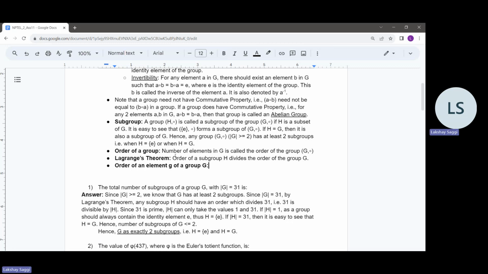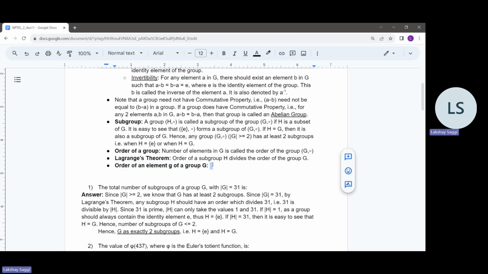So note that the order of a group is the number of elements in the group. Then there is another definition, which has also been covered in the lectures. We associate order to a group, but we also associate order to every element of a group. If we take any element small g of a group capital G, we also have a definition for the order of that element g.